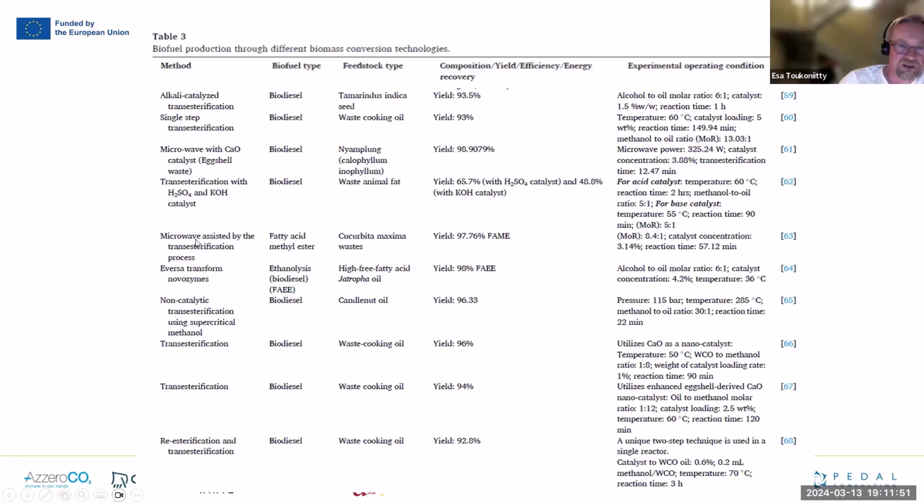Microwave assisted transesterification. Microwave techniques are used for heating purposes, so it's an unconventional way of heating the reaction mixture. And sometimes microwave can also enhance the reaction or selectivity, but this is an enzymatic reaction, and here is non-catalytic transesterification and reesterification and transesterification.